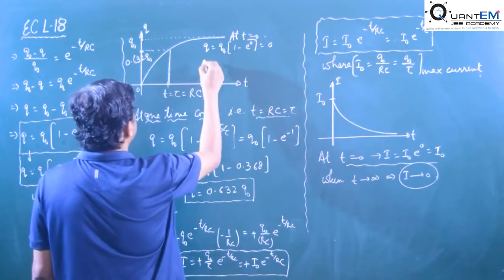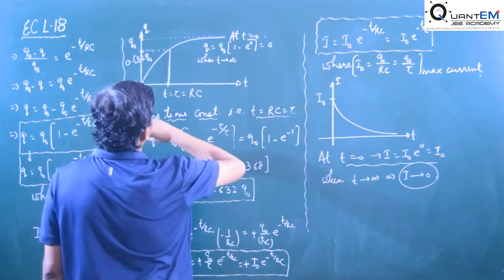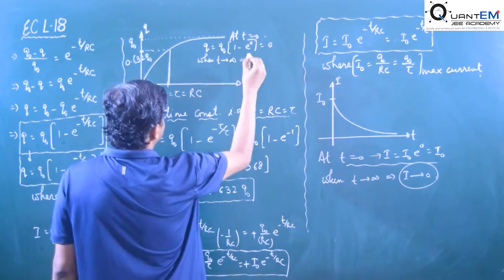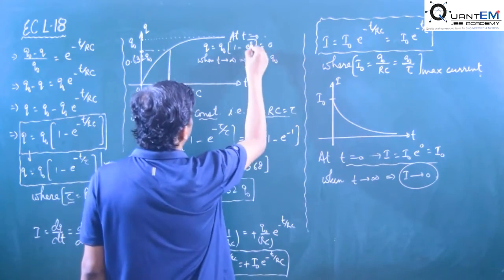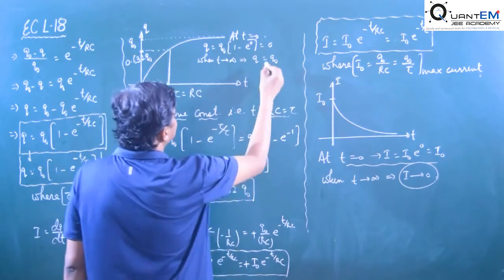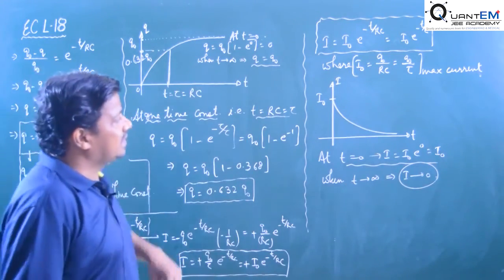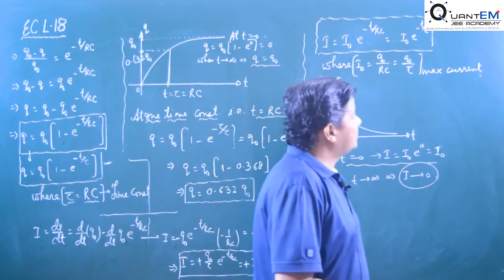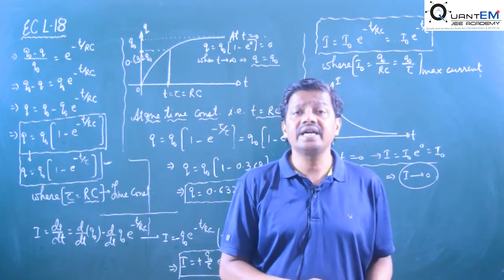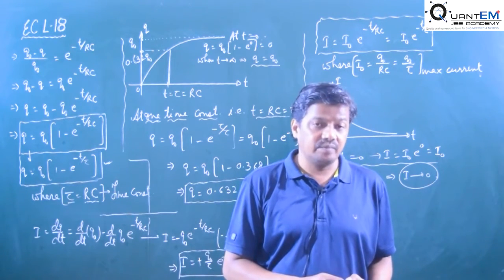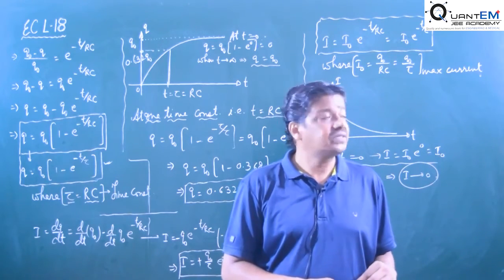And after a long time, when t tends to infinity, charge will be equal to Q naught (1 minus 0), so charge becomes maximum after a long time. That's why the moment the switch is closed, current flows through the capacitor arm, but after a long time current in the capacitor arm is 0.